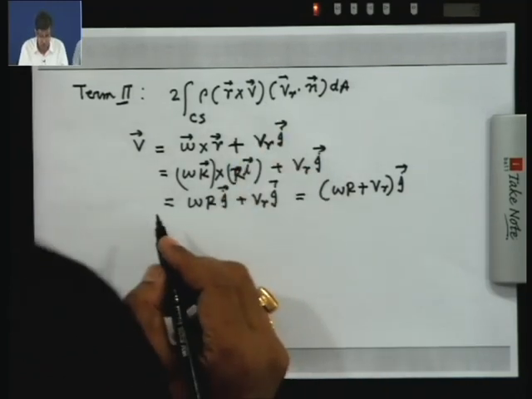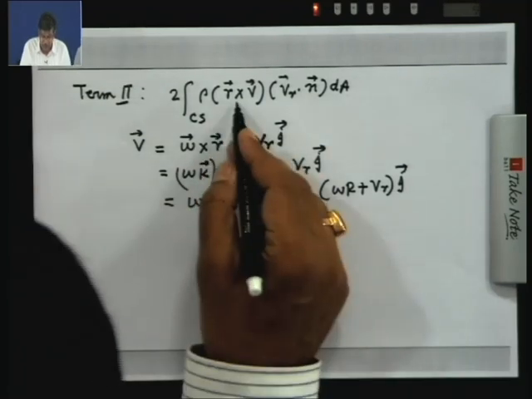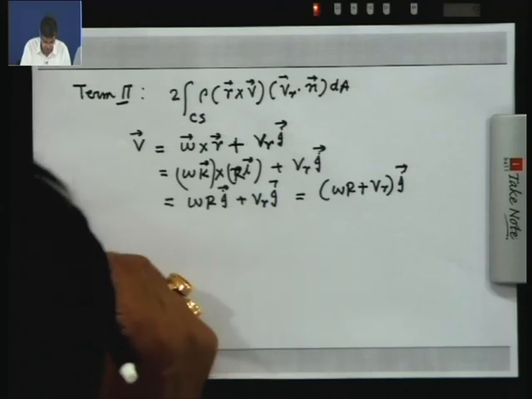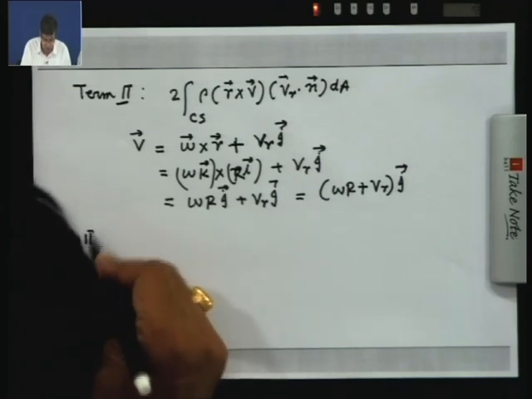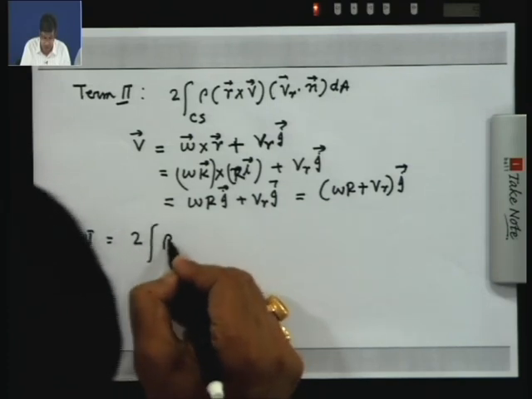Now if that is V, we do the R × V term. Term 2 equals 2 times ρ. What is R here?